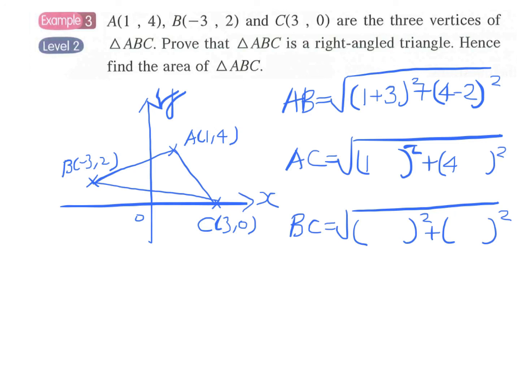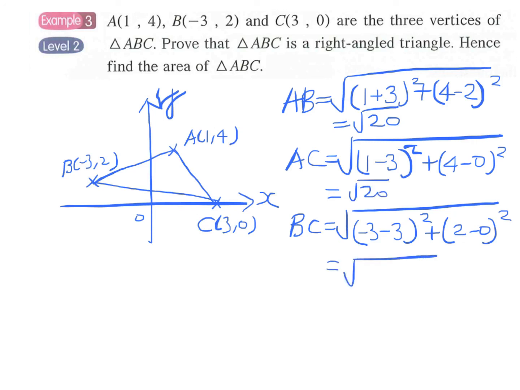And for point C, we have (3, 0), 1 minus 3, 4 minus 0. And for BC, we have point B (-3, 2) and point C (3, 0). And we can check this. AB should be root 20. And again, for AC, we have the square of 2, 4 plus 16, again root 20. For BC, we have the square of 6, 36 plus 4, we have root 40.